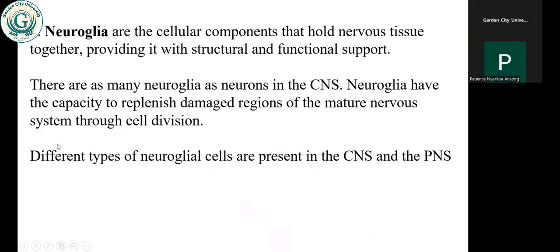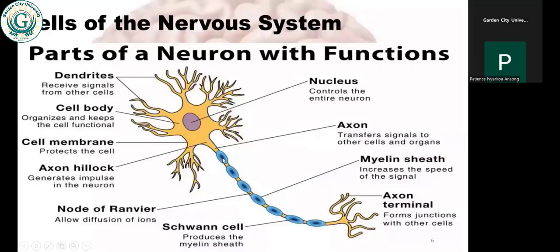Then we have the second type of cell that is found within the nerve tissue or the nervous system, which is the neuroglia or the glia cells. These are cells that support the neurons, and a common example I just mentioned was the myelin sheath. The myelin sheath is formed by cells within the central nervous system, and the neuroglia cell that forms this myelin sheath is the oligodendrocyte.